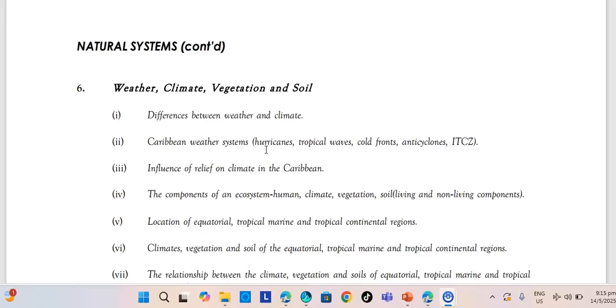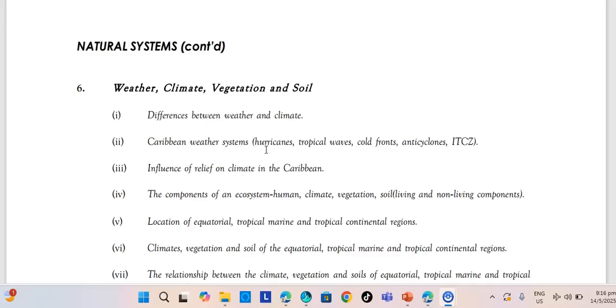All right, cold front. A cold front is when cold air pushes into warm air. It brings cooler temperatures, cloudiness, and sometimes rain.